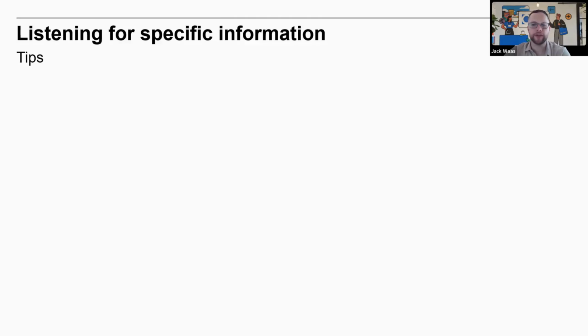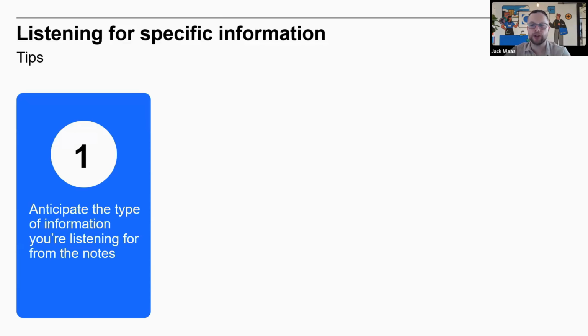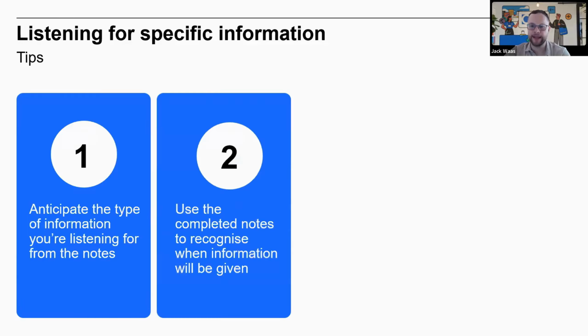Essentially, you are listening for specific information you need to fill in the gaps in the case notes. During the reading time, try anticipating the type of information you're listening for from the case notes. The headings and completed notes will help you follow the conversation. Use the completed notes to recognize when information will be given.